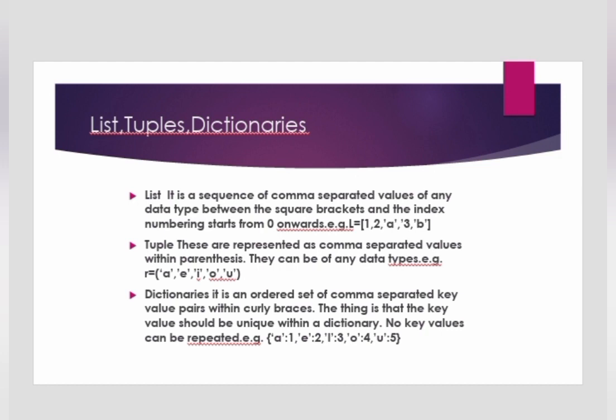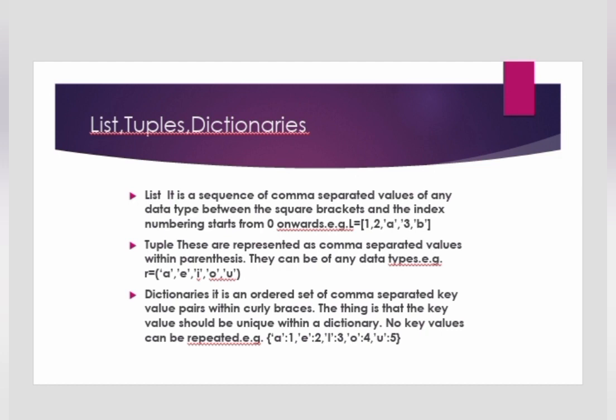Now comes lists and dictionaries and tuples. So what are lists? They are basically comma separated values. The values can be heterogeneous. It can contain integers, it can contain characters, floats, etc. And they are represented in square brackets. You can put the values separated by commas.